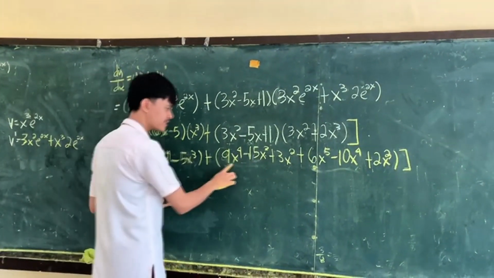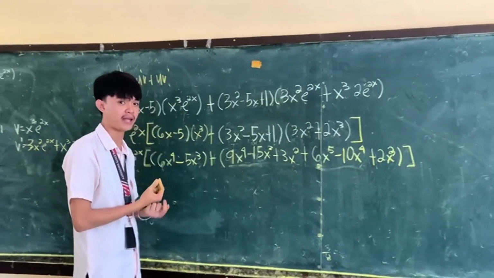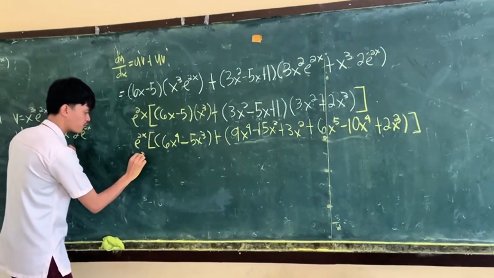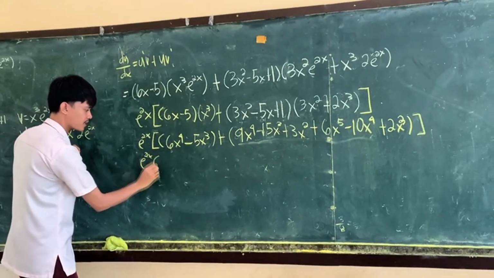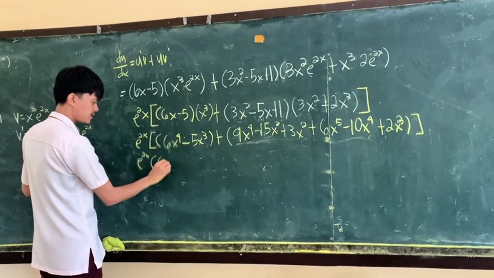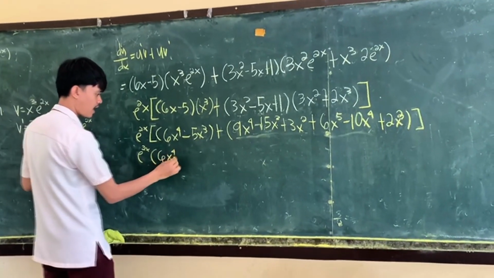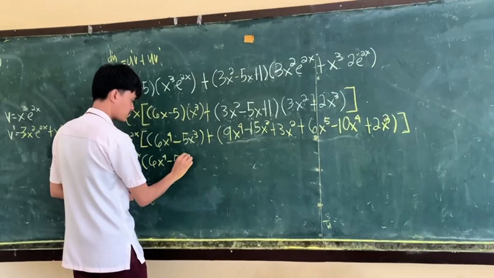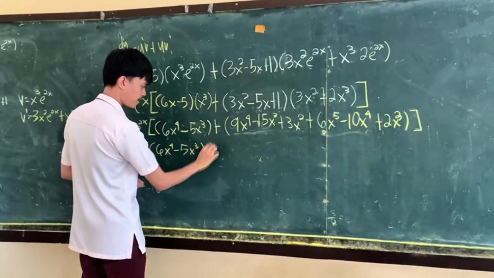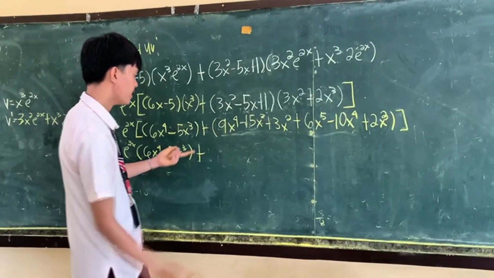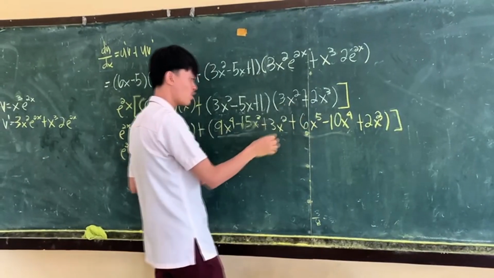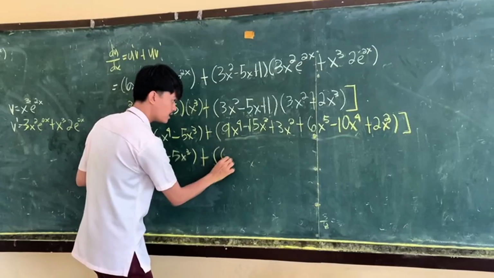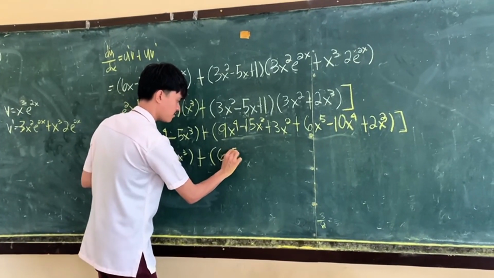Copy this first: e raised to the power of 2x times 6x raised to the power of 4 minus 5x cubed, plus, since 6x raised to the power of 5 does not have anything in common with the others, let's just copy it. 6x to the 5.